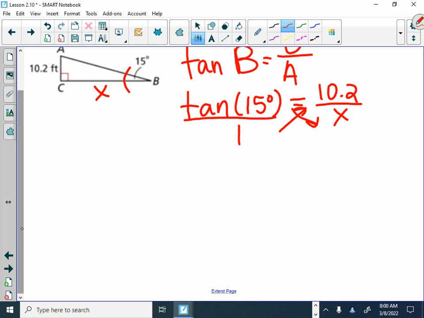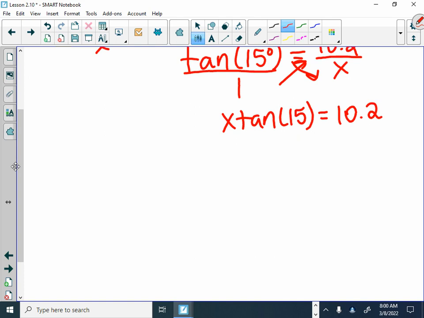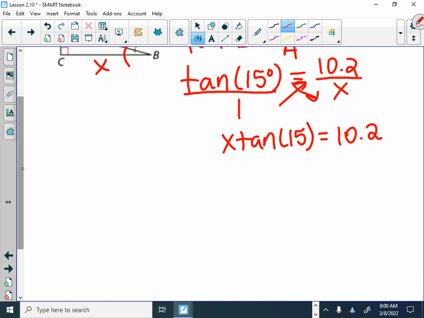X times the tangent of 15 is just X times the tangent of 15. And 10.2 times 1 is 10.2. Alright? Lastly, I need X all by itself.